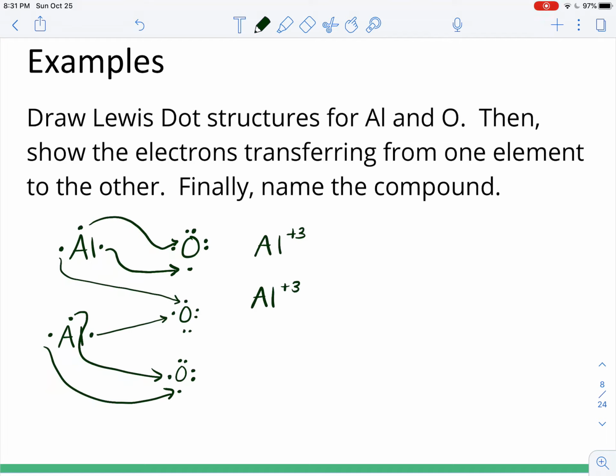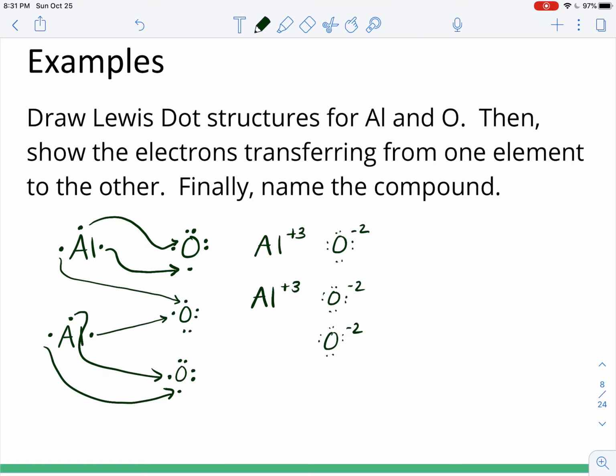All right, and then I'll have 3 oxygens with complete octets, so I'm going to draw 8 electrons. Since normally oxygen has 6 valence electrons, they've gained 2 each. Their charge is -2. Okay, so I can do the same thing for every oxygen that we had here, because each oxygen accepted 2 extra electrons.